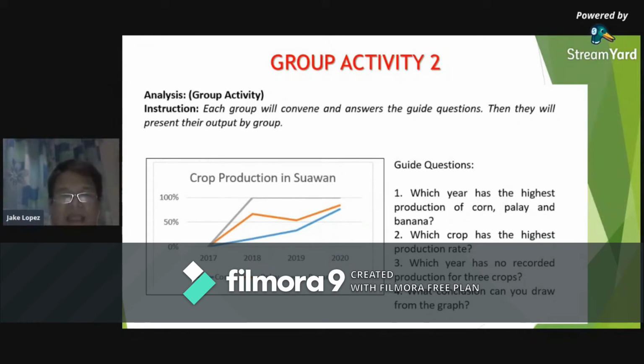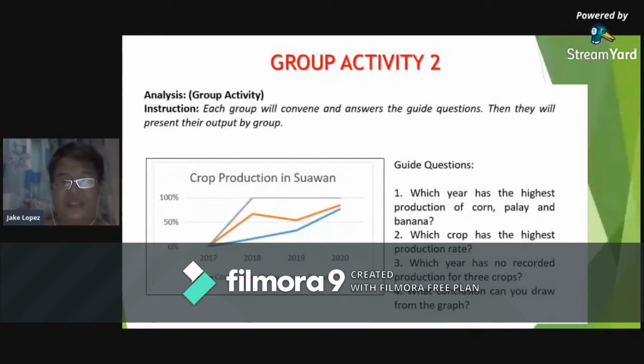For palay, we also have 2020, and banana, actually 3 years ang banana, di ba? 2018, 19, 20. Okay, and then which crop has the highest production rate? So, what's the answer? It's banana. So you can see here on the graph.